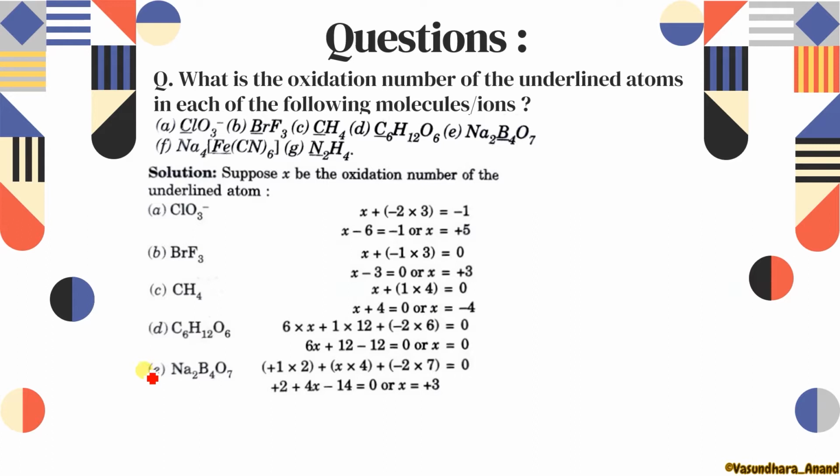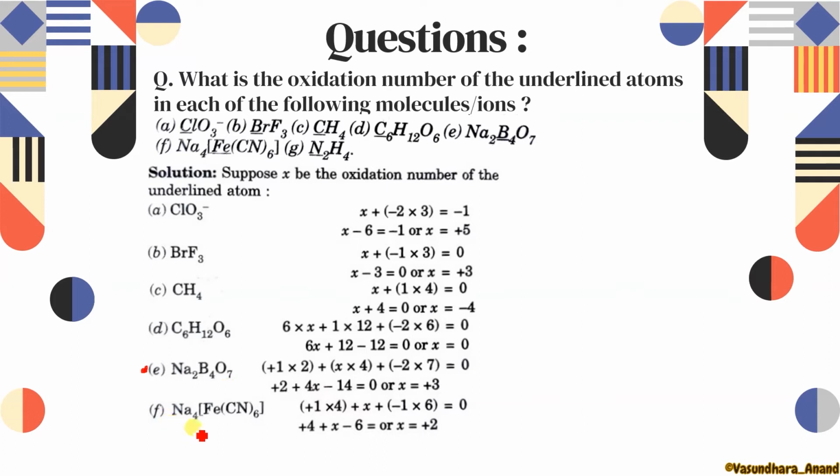One question here: the central atom concept is not correct here, although it is underlined, so it is quite clear what to find. But even if I had not underlined it, we have to find it only for boron, because sodium never changes its oxidation state other than +1. उसको निकालने की हमें कोई जरूरत ही नहीं. Got it? So sodium is +1 into 2, boron is X into 4, and oxygen is -2 into 7. Calculate it, you will get the +3 oxidation state.